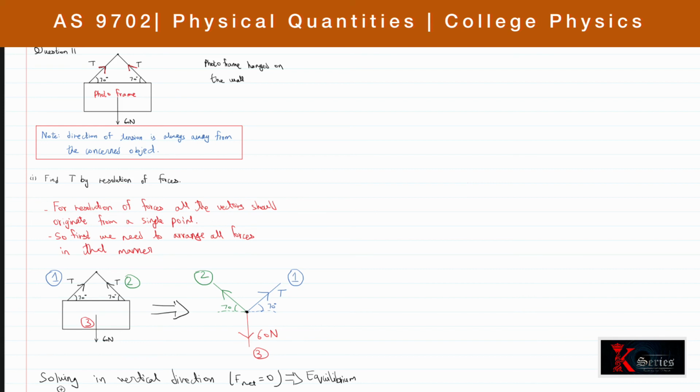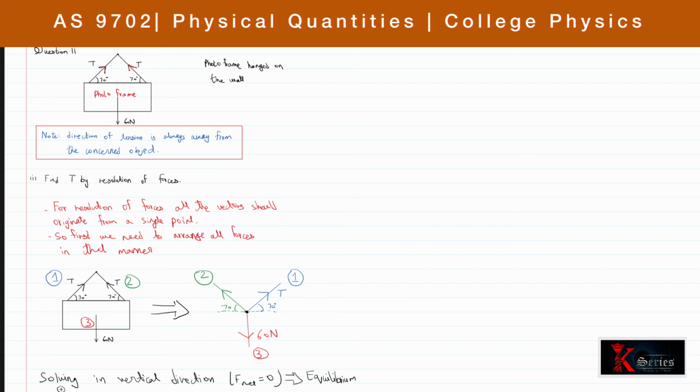We're going to make sure that all of these forces are emerging from the single point only. Weight is acting downward, so it's 60 Newton pointing in the downward direction, and the direction of tension is always away from the concerned object, so it's going towards the upward direction. Now we're going to solve this in the vertical direction.